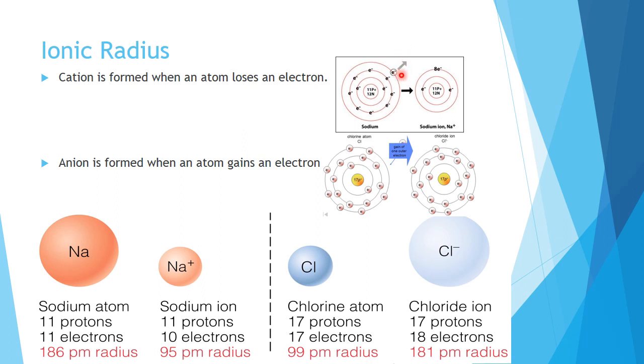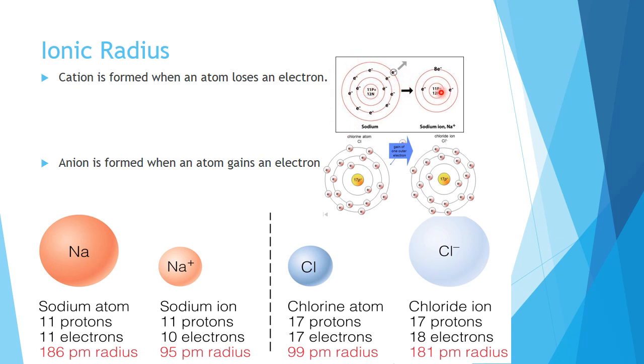When this electron is lost, sodium forms a cation, which is considerably smaller in size as compared to the sodium atom. This is because the sodium cation does not have the same number of shells, plus the sodium cation contains the same number of protons in its nucleus as the sodium atom, which means that 11 protons are pulling 10 electrons here, contrary to what is observed in the sodium atom where 11 protons pull 11 electrons.